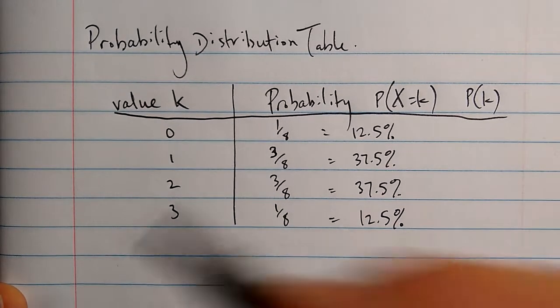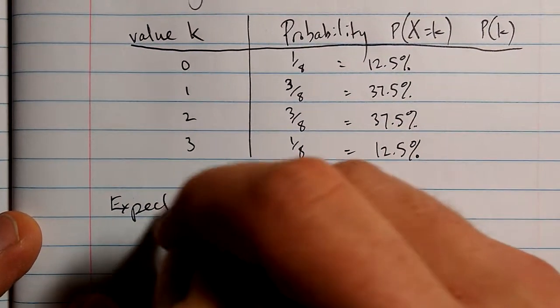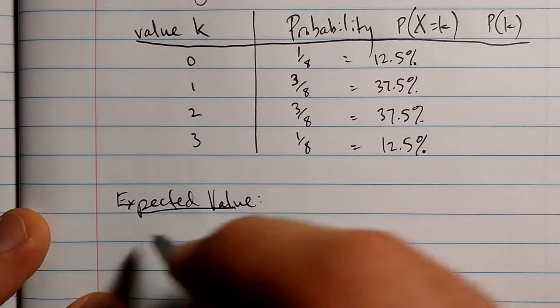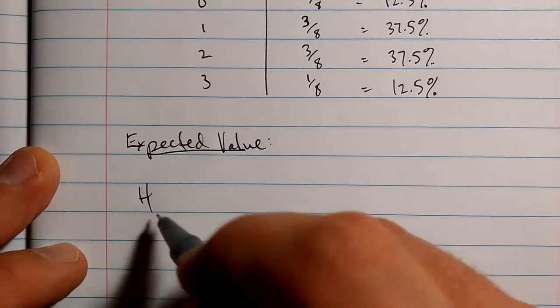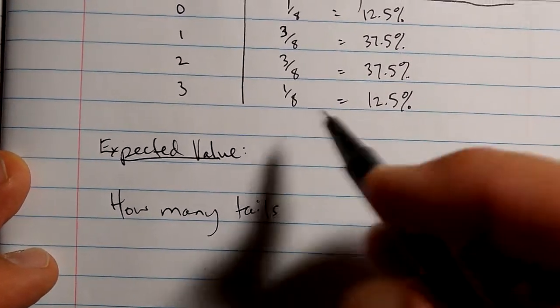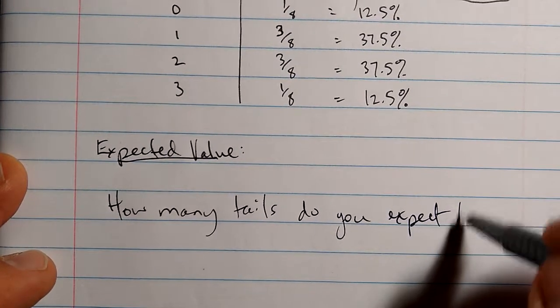So I have a question. We call this expected value, this next part. How many tails do you expect to flip?